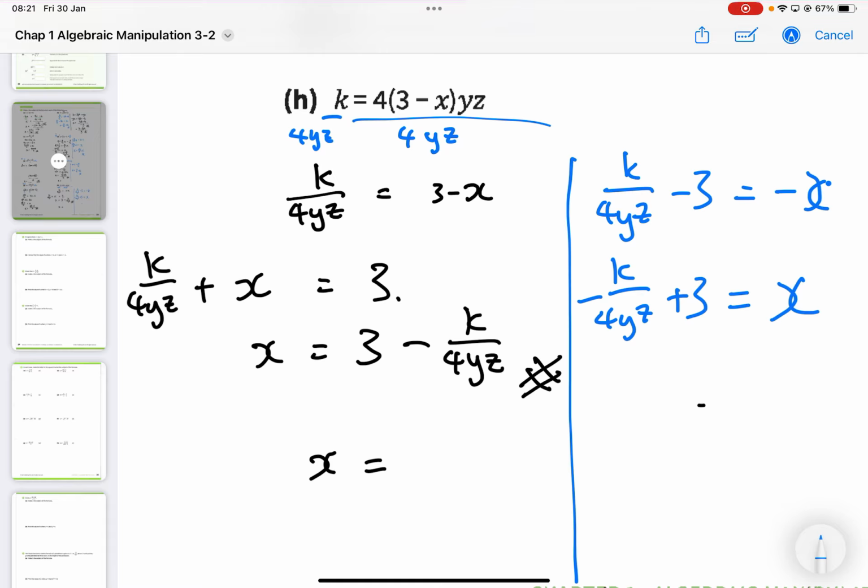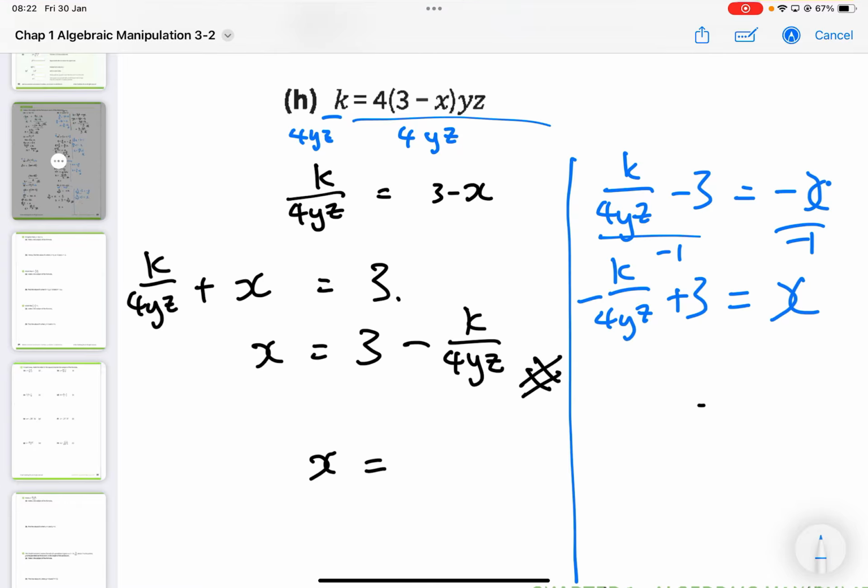This one is the alternative. If I never bring my x across to make it positive, I bring the 3 across first. Then 3 goes across and becomes negative 3. But finally I want positive x, so I need to divide by negative 1.